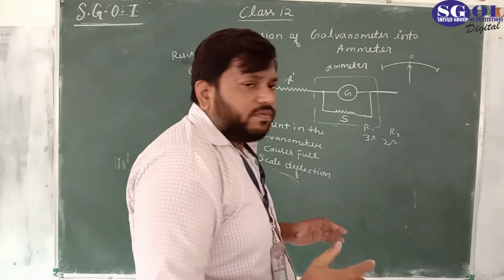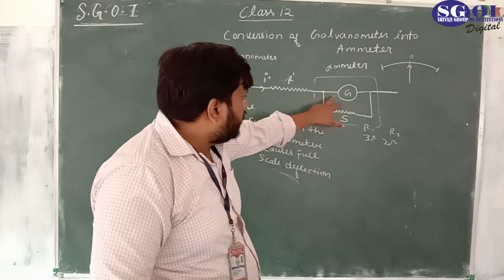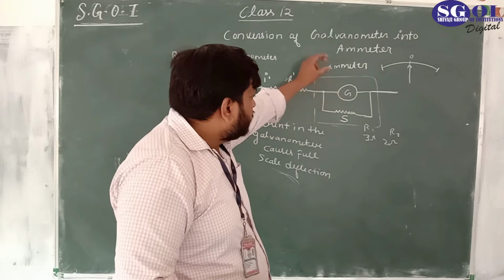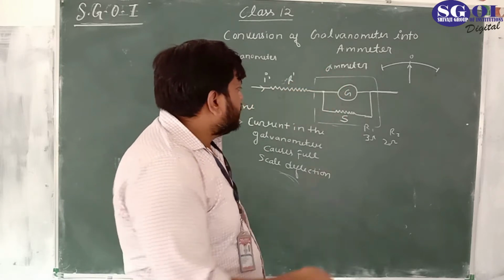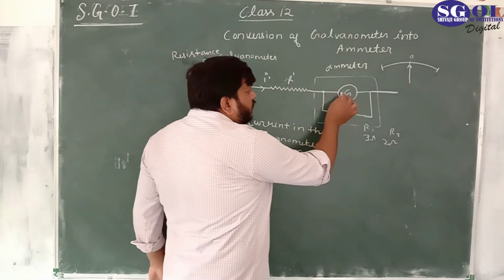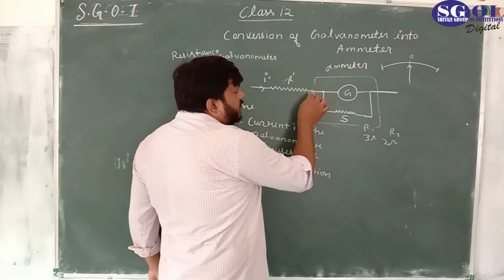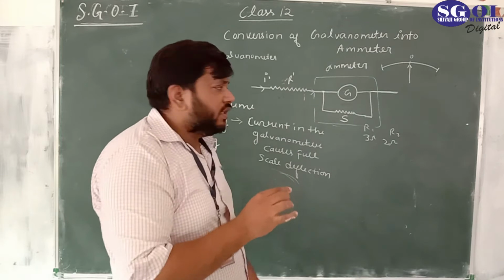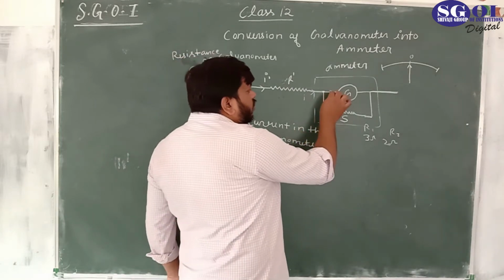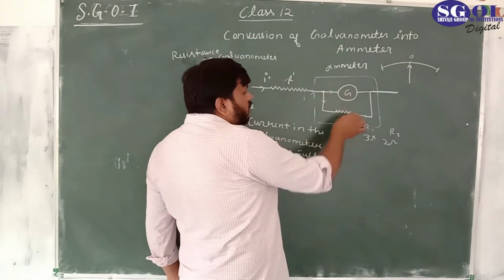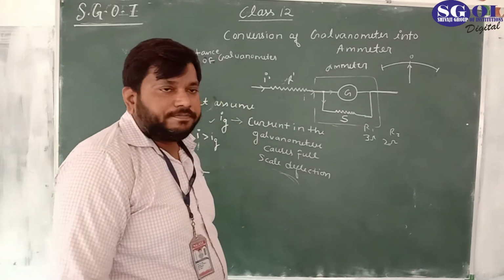One thing you have to very carefully understand here. Suppose the current is flowing from here. Let's say this is current I. Some current goes in the galvanometer and some current would go in the shunt.